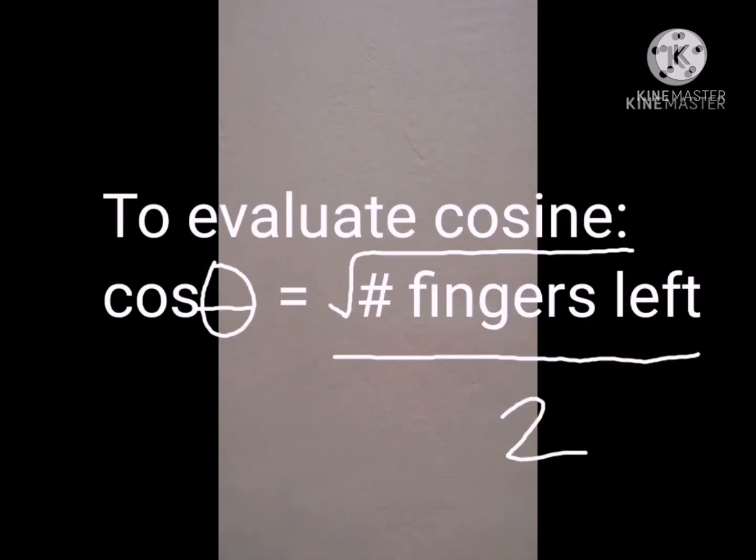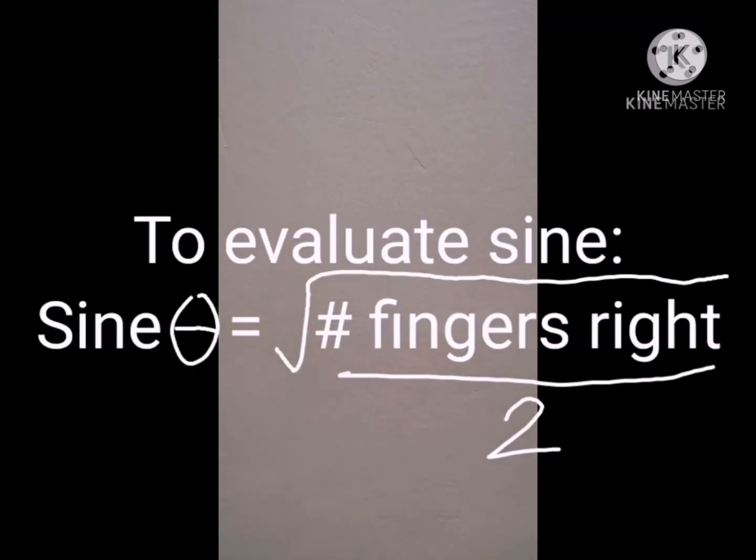To evaluate cosine, we have cos theta is equals to square root, number fingers left, over 2. So, it means na yung fingers na matitira sa left, yun yung kukunin natin. Then, to evaluate sine, we have sine theta is equals to square root, number fingers right, over 2.